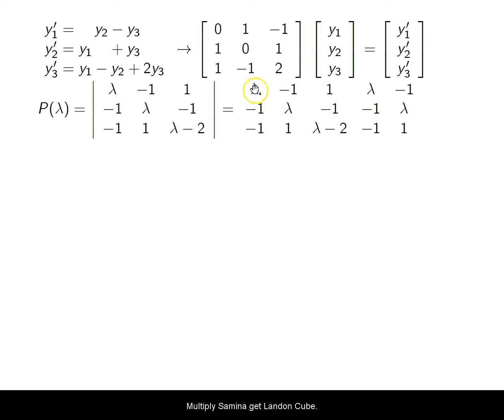So I'm going to get lambda squared times lambda minus 2, plus, so -1 times -1 times -1, so that'll be a -1. This will be another -1, and then I'll go this way and subtract. This will give me a negative lambda, so that'll be plus lambda, and this will be a minus lambda minus 2.